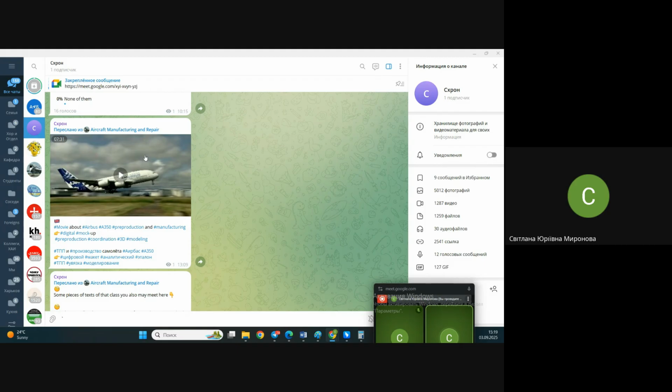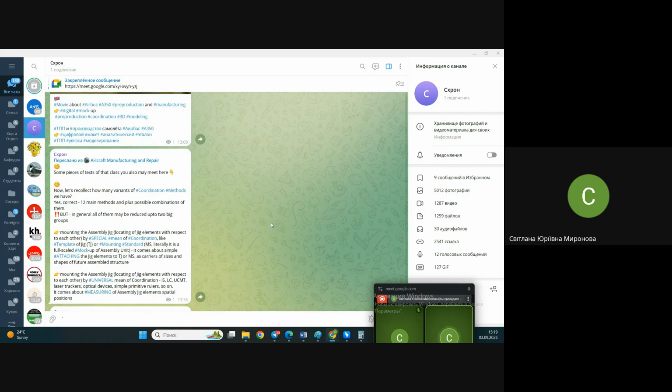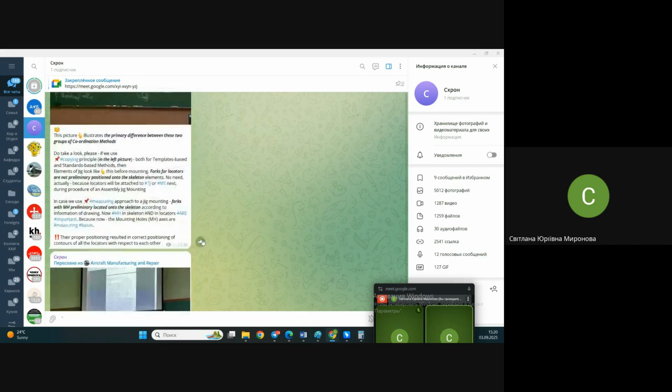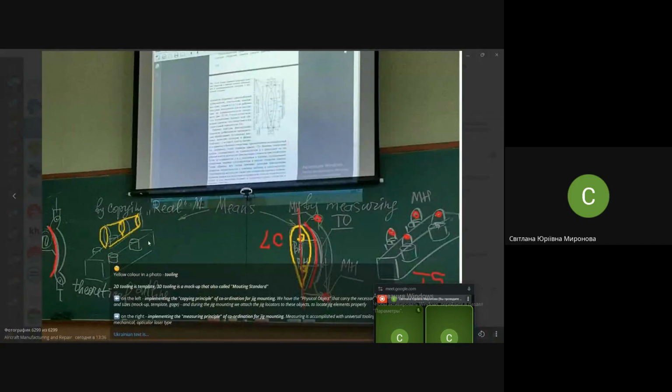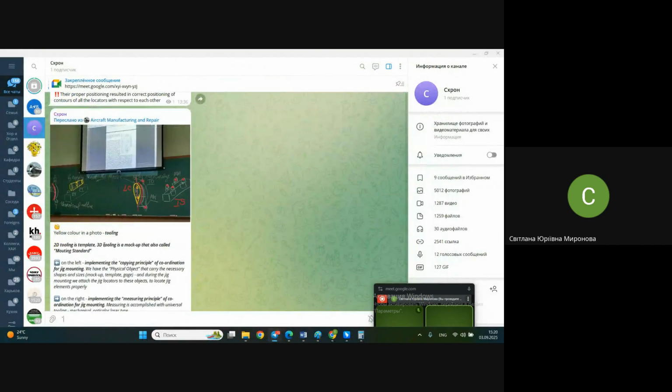And whether that approach or this approach, mostly when we're talking about 3D model and we do something from 3D model, we do another 3D model. What is it really about? It's again about the same approach. Look, it comes to the copying principle. We are copying sizes, yes, but already in computer, virtually copying, let's say.